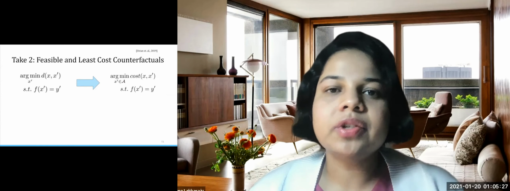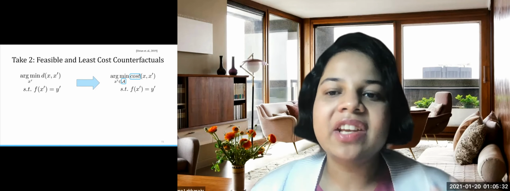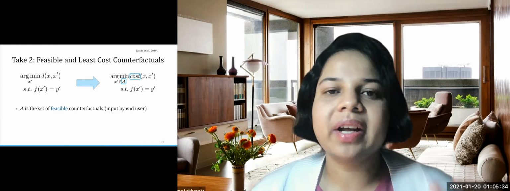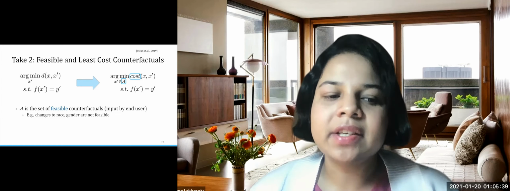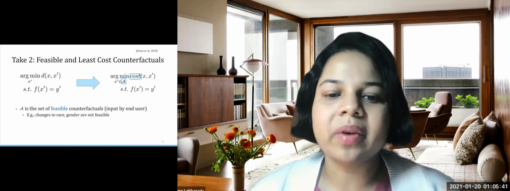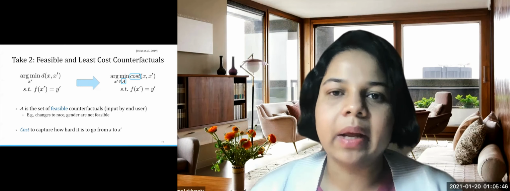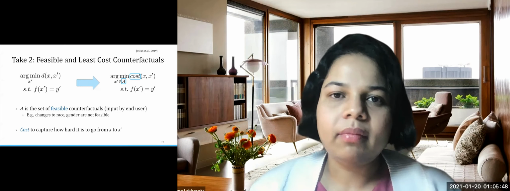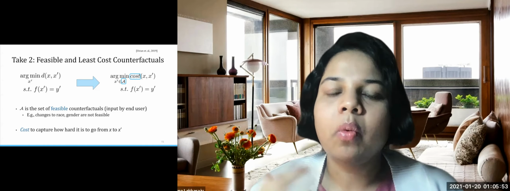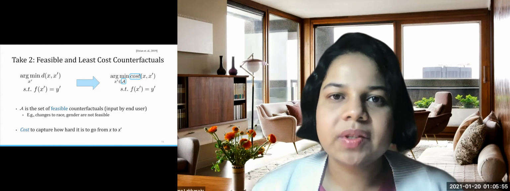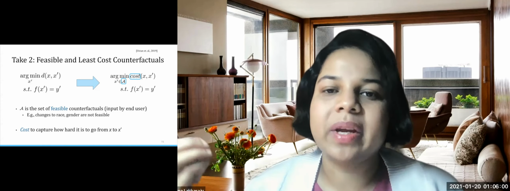Right? In order to fix this problem, Ustun et al. proposed a new objective. Here, end users can actually input constraints in order to generate feasible counterfactuals. For example, end users can actually say that changes to race and gender are not feasible, and that constraint will be respected when finding counterfactuals. Furthermore, instead of basically using an L1 or L2 distance function, what Ustun et al. advocate for is to use this notion of cost, which captures how hard it is to go from X to X prime.